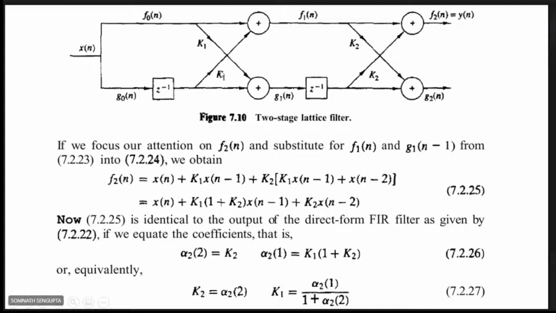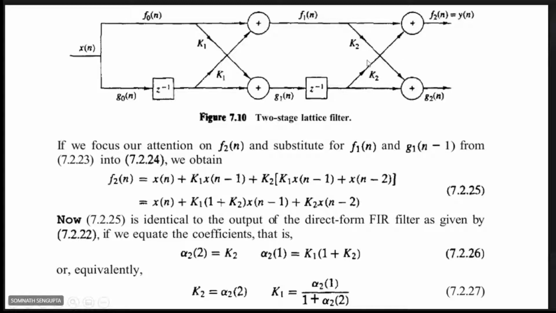Okay. So the inputs for the first stage are F0n, one input F0n, another input G0n. So two inputs and two outputs in all stages. So here for the first stage, one output is F1n, another output is G1n, and these are the two inputs to the next stage.